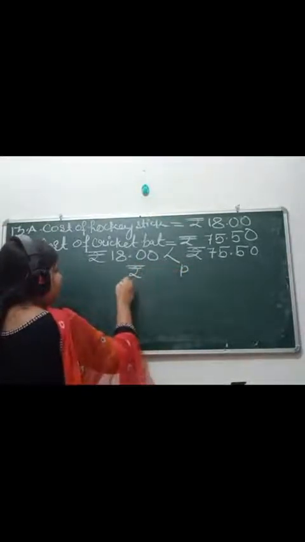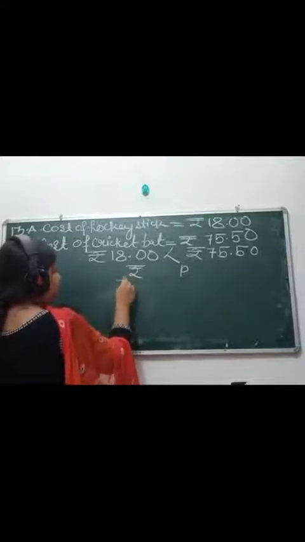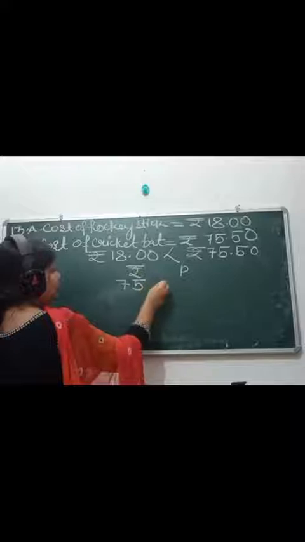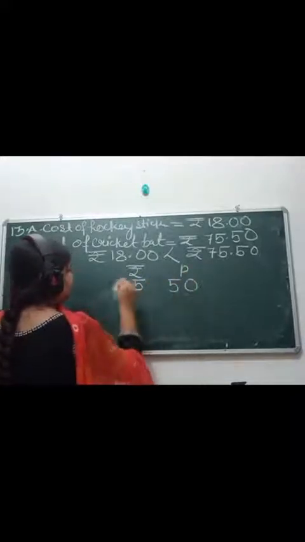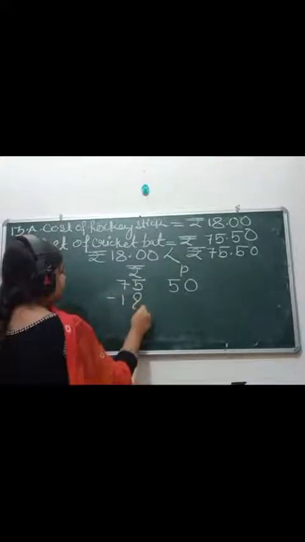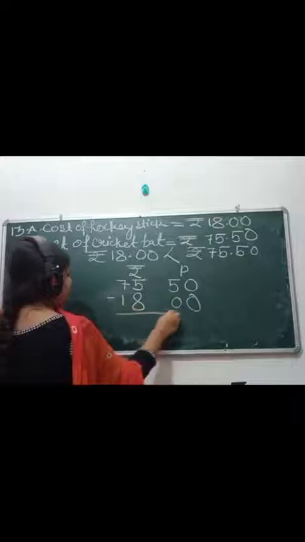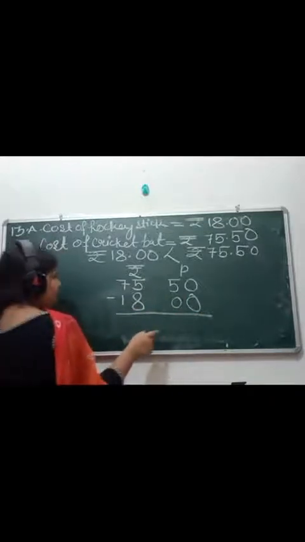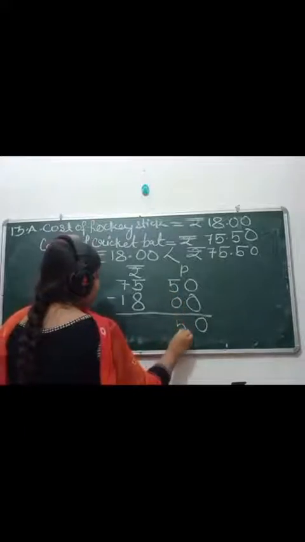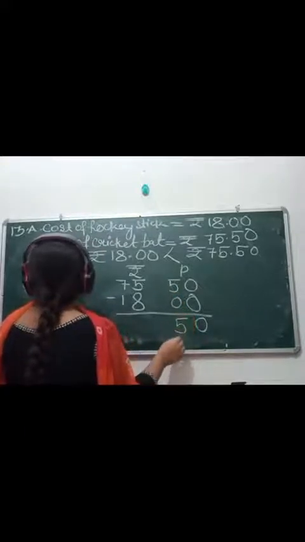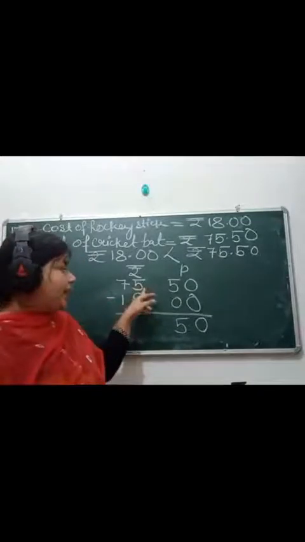So let us subtract the cost of the cricket bat minus 18 rupees. 0 minus 0, 0. 5 minus 0, 5. Now we cannot subtract 8 from 5.